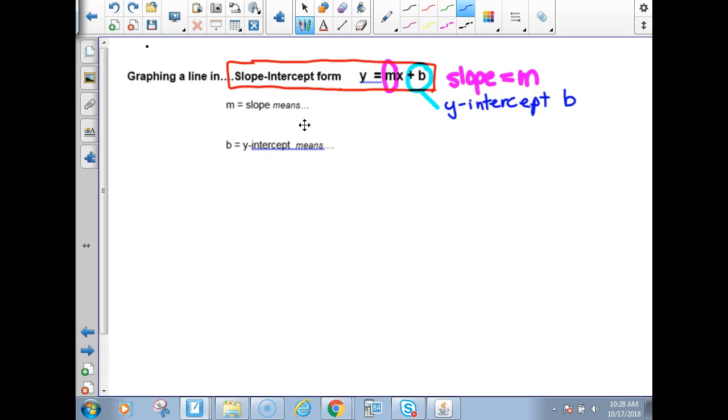Okay, now, what slope means is the vertical change over the horizontal change.